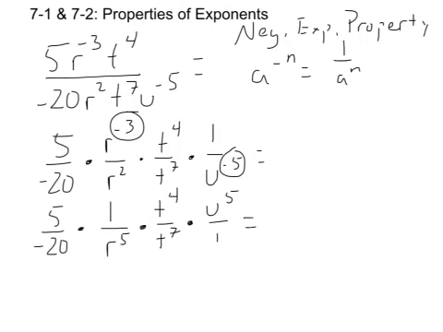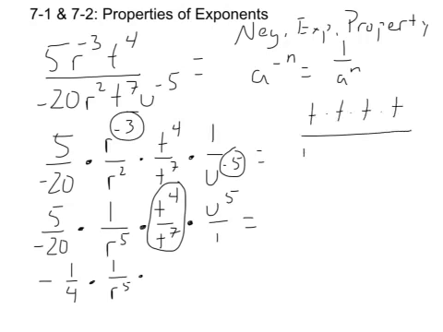Okay, now 5 over negative 20 is negative 1/4 times 1 over r to the 5th times, well, now I'm going to do t to the 4 minus 7. So I'm going to get all the t's in the top. Well, here, take a look at this. When I have t to the 4th, I've got t times t times t times t.